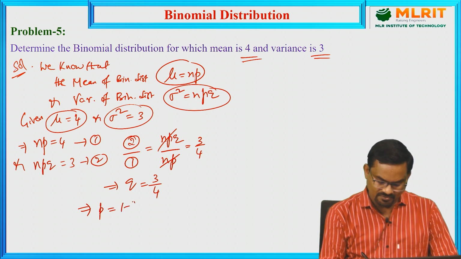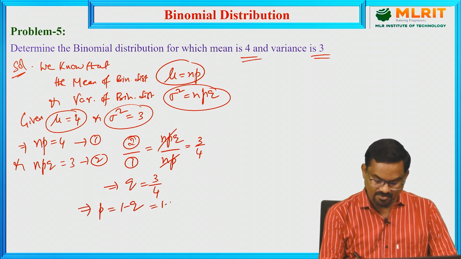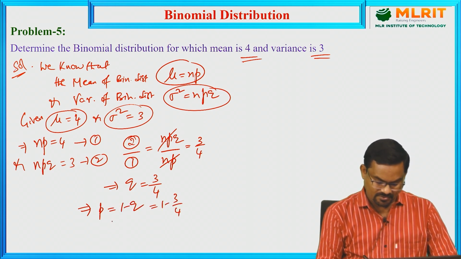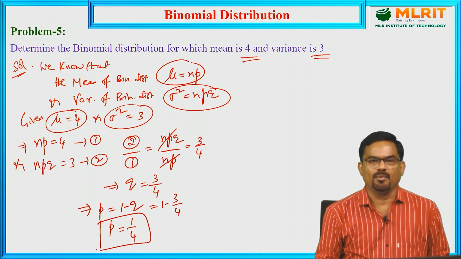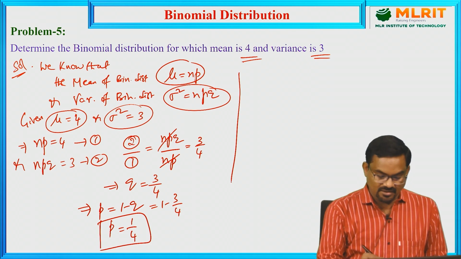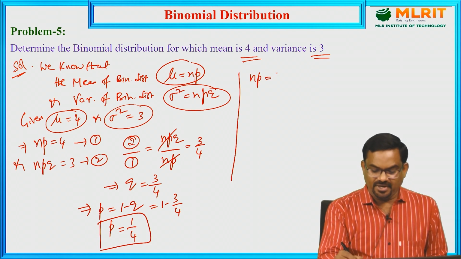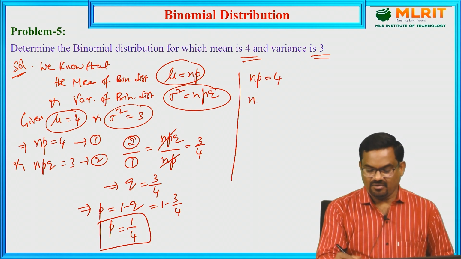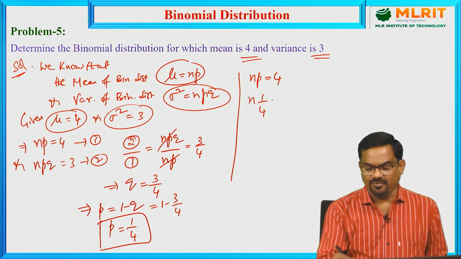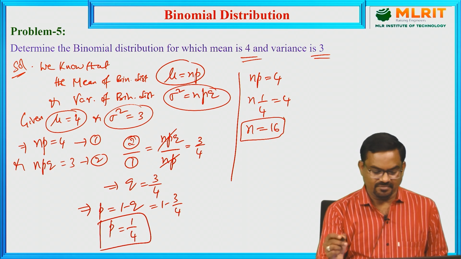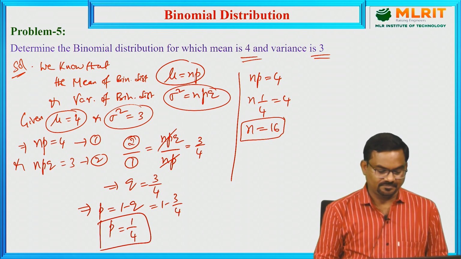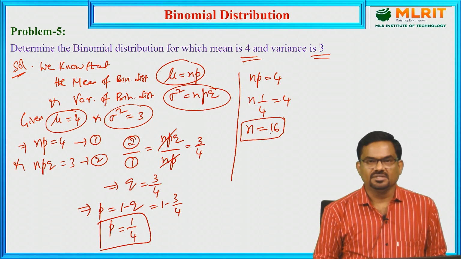So p is 1 minus q, which is 1 minus 3 by 4. So p equal to 1 by 4. We have the probability of success, and since np equal to 4 and p is 1 by 4, now the value of n, the number of trials, is n equal to 16.